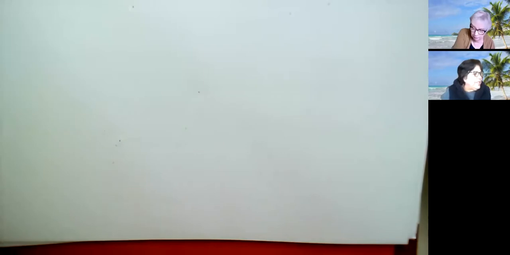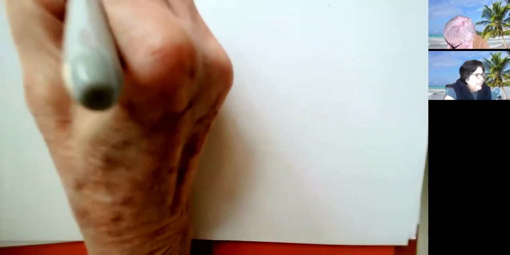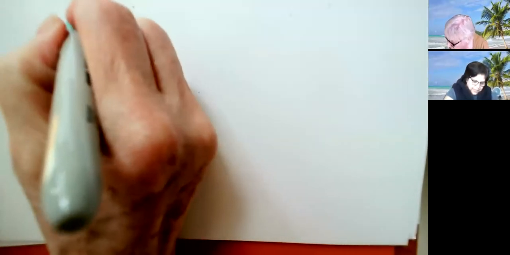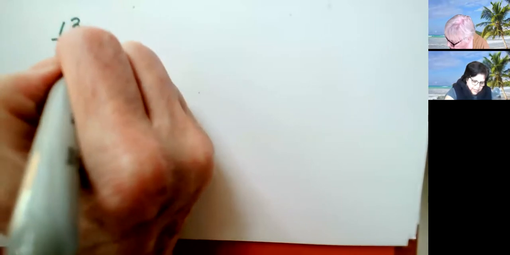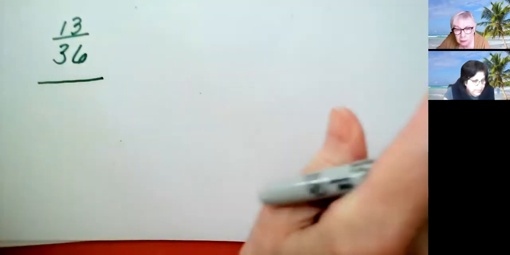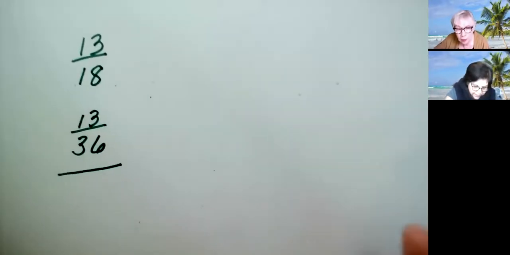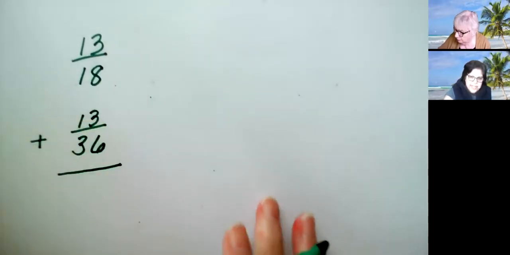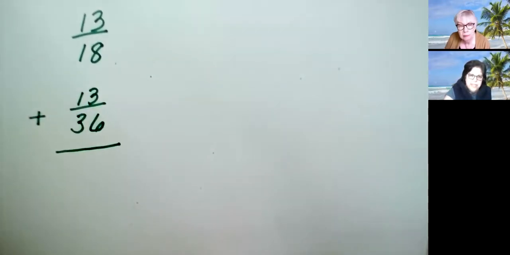This one was 13 over 18 and 13 over 36. Is it add or subtract? It is add. So 18 and 18 is 28. Can't do that, wait a minute.